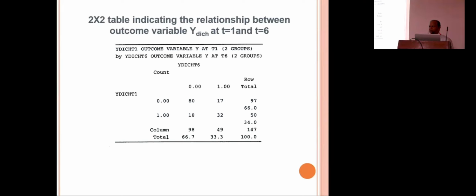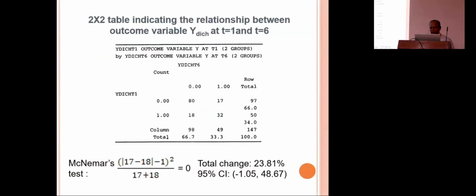We are not comparing whether time 1 is better than time 6 or whatever, like as we said in the STD study, whether one doctor is able to diagnose much more than the other doctor or not. That is not the question. Low cholesterol to high cholesterol or high cholesterol to low cholesterol, on average, what has happened? That is our interest. Therefore, we need to compute the change over a period of time. This is what I said in the McNemar's test. This is the total change, this much. That is not our goal.